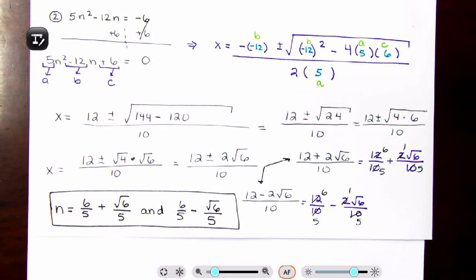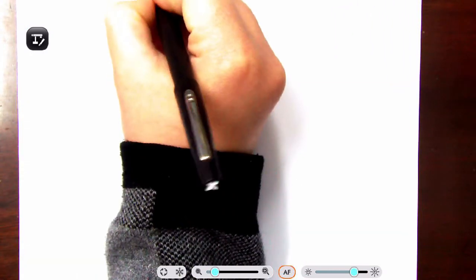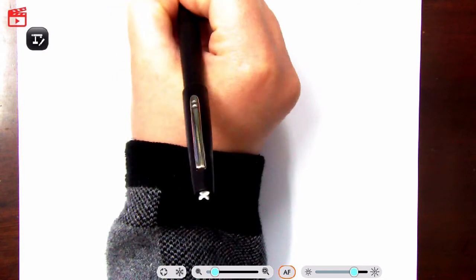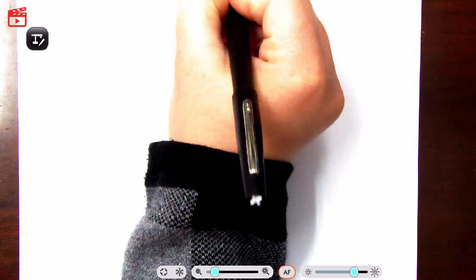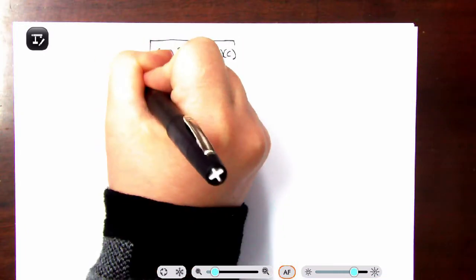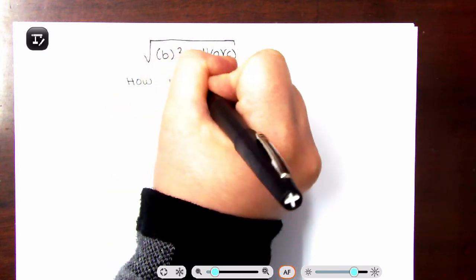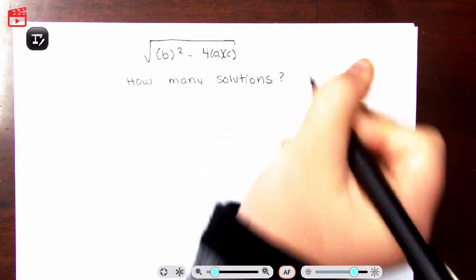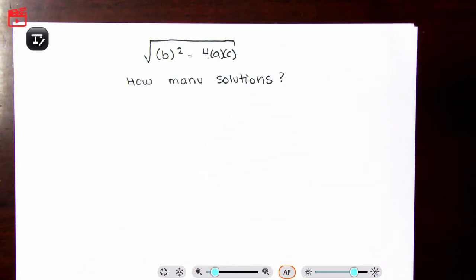Now, I do want to mention one thing, that if you remember what the discriminant is, the thing inside your square root, so b squared minus 4ac, this is your discriminant. This tells you how many solutions you will have. It does not tell you what the solutions are, but it does tell you how many solutions there are.